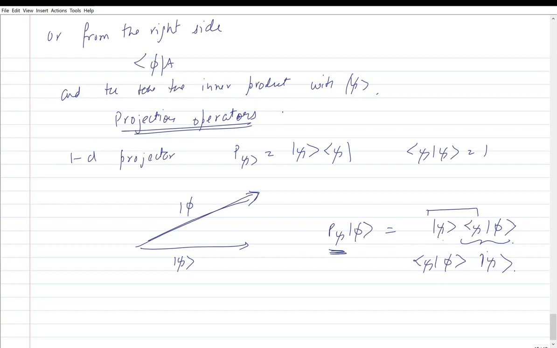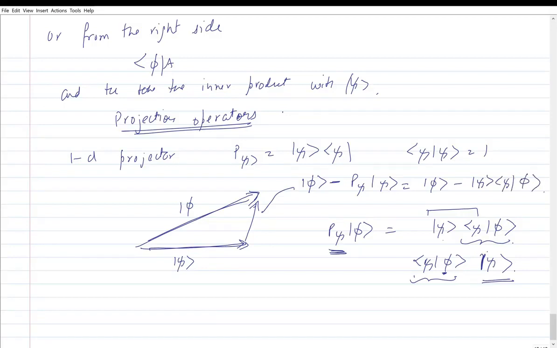I get an amplitude. How much of psi is there in phi? How much of this component is in this particular vector along this direction? And of course, this, as you can see from the triangle rule, is going to be the original vector minus the projected vector. It's going to be this guy.